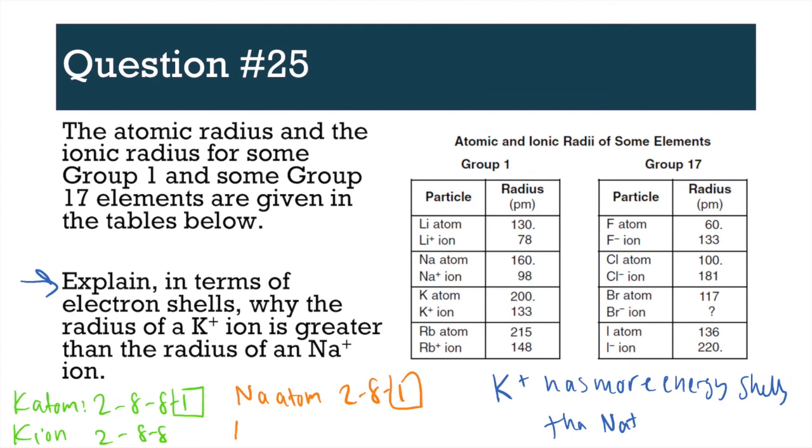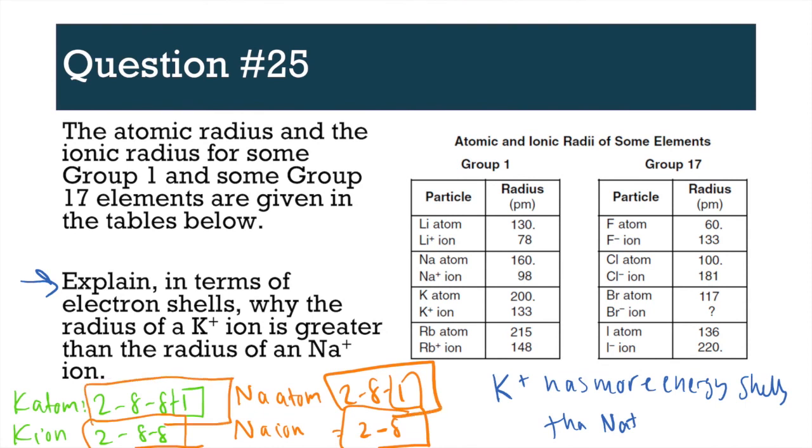And again, the ion will lose that, so it becomes 2-8. And here you can see the Na ion has two electron shells, the K ion has 3 shells. Even with the atoms, Na has 3 shells, K atom has 4 shells. And that's also the snowman.